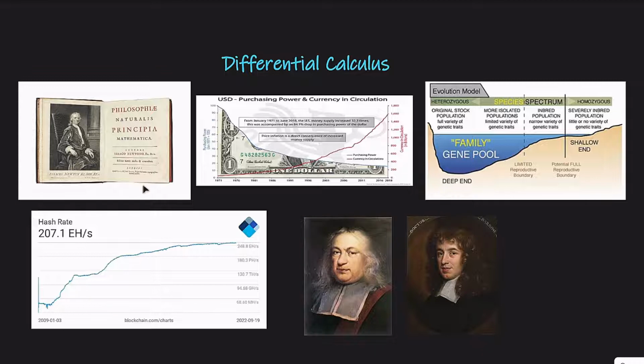Specifically, Newton used differential calculus to understand and model the relationship between objects, which I talked about briefly already, and then Leibniz gave us the notation we still use today, as well as a systematic approach to teaching and understanding it that is used in schools and widely used across industry and sector.